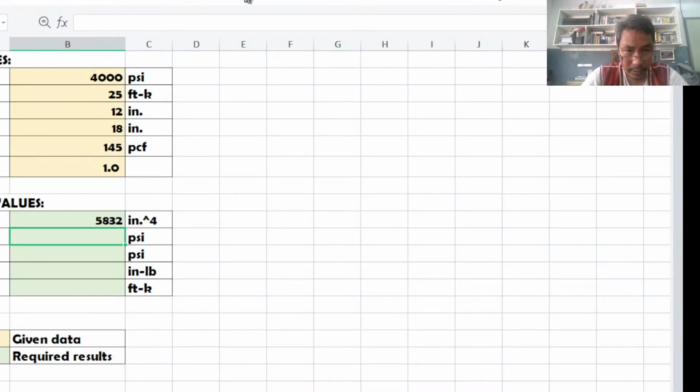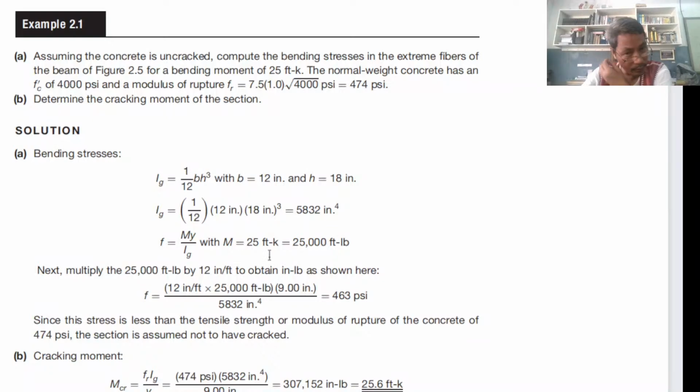What is the next? FR. How do you find FR? We're just multiplying here. Here is the formula. So, 7.5 times lambda.